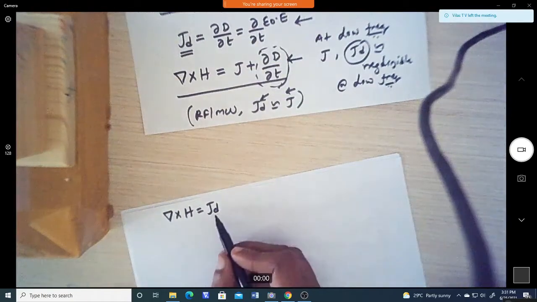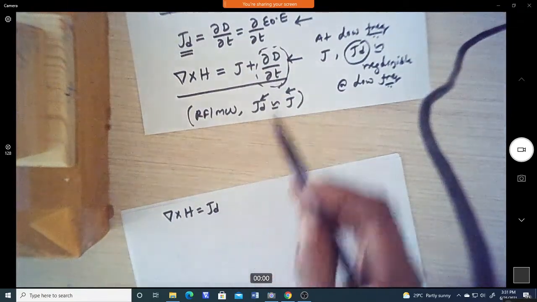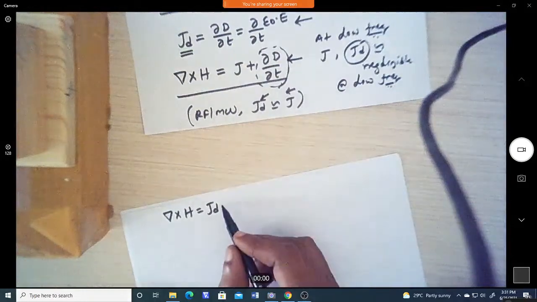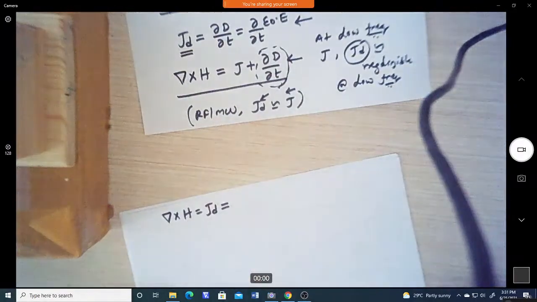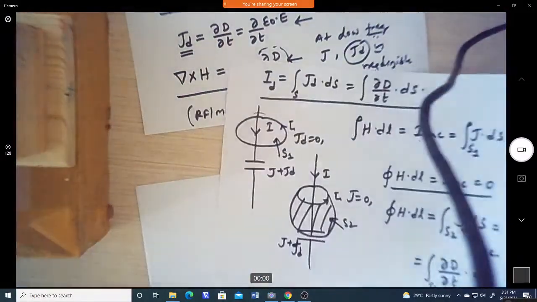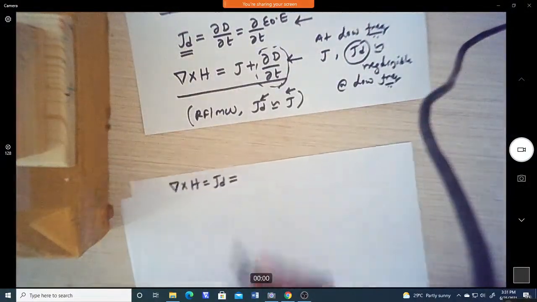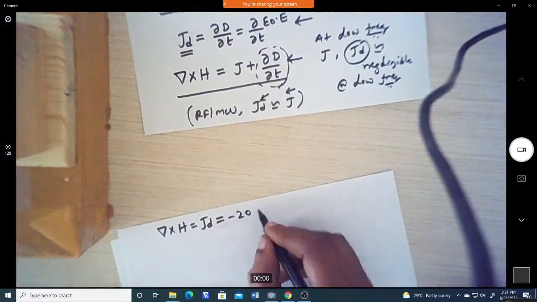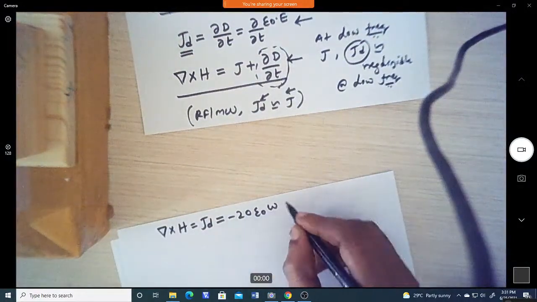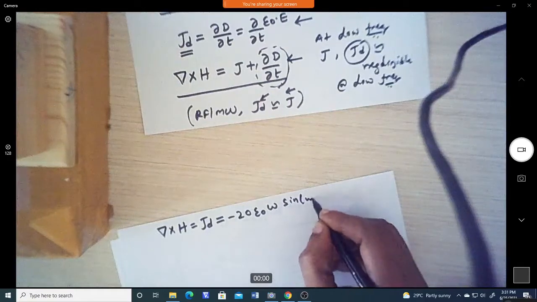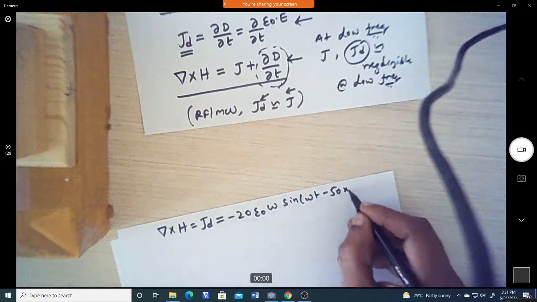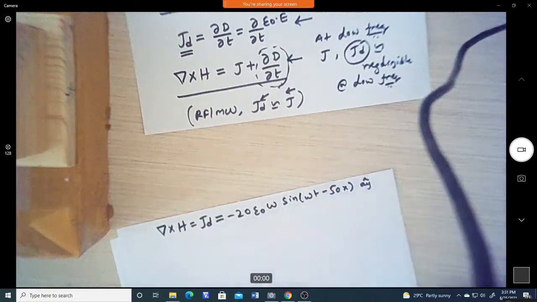Now since JD, try to do this one. JD we know, just now we have found, that is minus 20 epsilon naught omega sin of omega t minus 50x in the direction of AY.